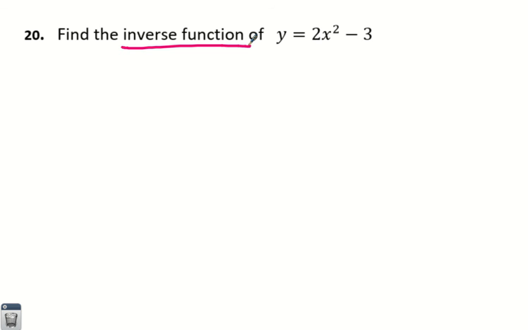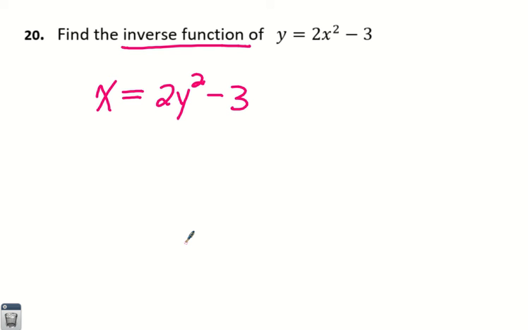The output becomes the input and the input becomes the output. To take the inverse of a function, step 1 is to switch x and y.